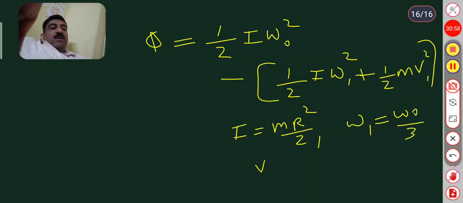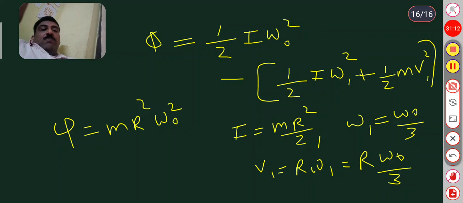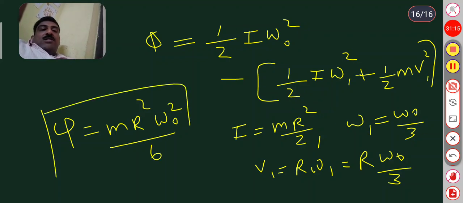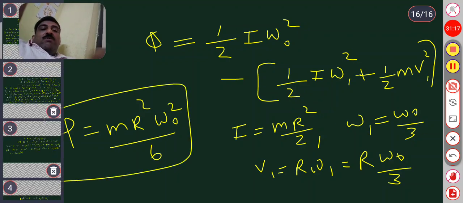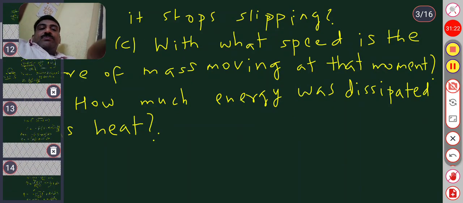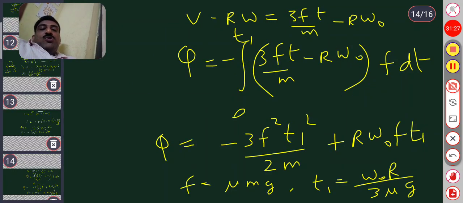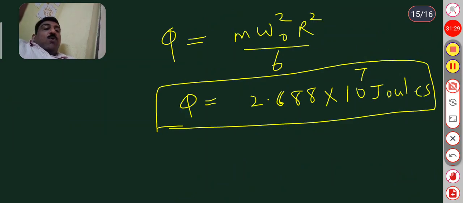And v1 is equal to R omega 1, which is R into omega naught by 3. Just substituting this, you will again get Q equal to m R square omega naught square by 6. The same value you got previously, 2.688 into 10 to the power 7 joules.